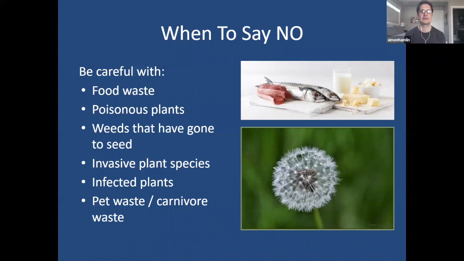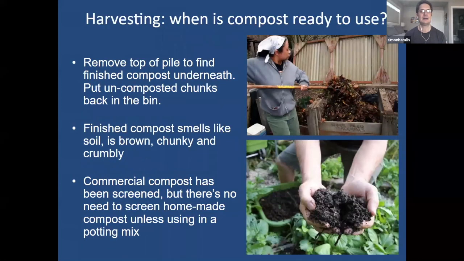And then other things not to include: poisonous plants, weeds that have gone to seed, invasive plants, so a lot of ivy in this area, this region. We want to make sure that we don't put that into our compost, because that can't really get broken down as well, if at all. And that will come back when we start using that compost, then it'll just regenerate these bad things. And we can go to the next slide.